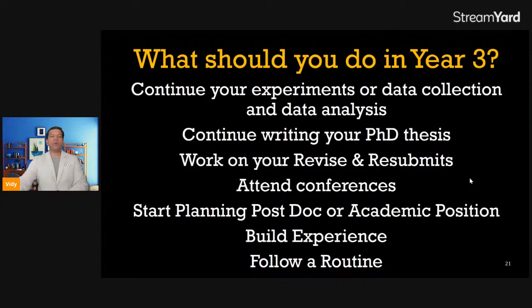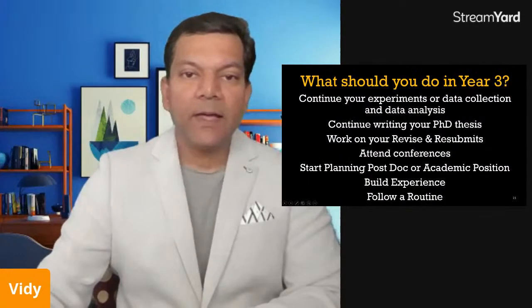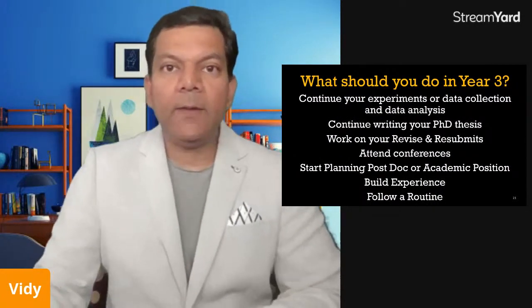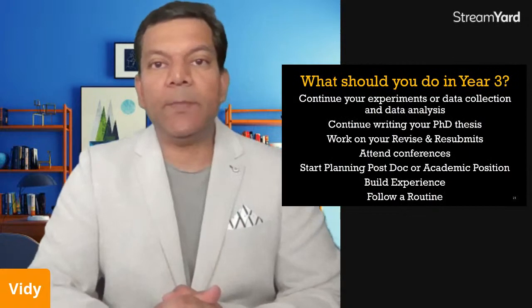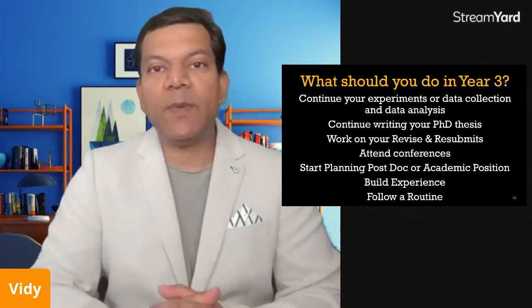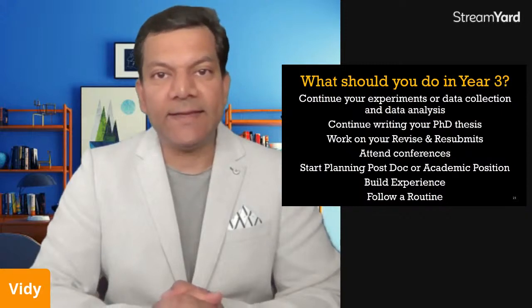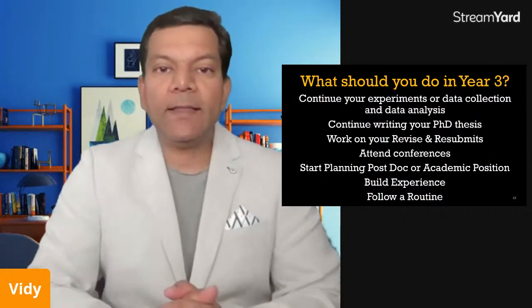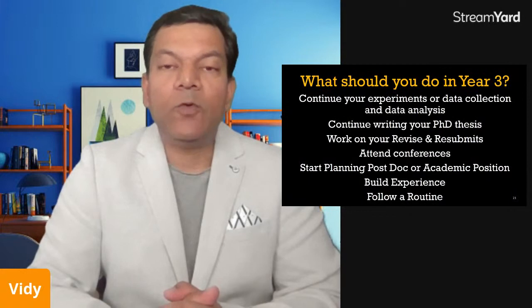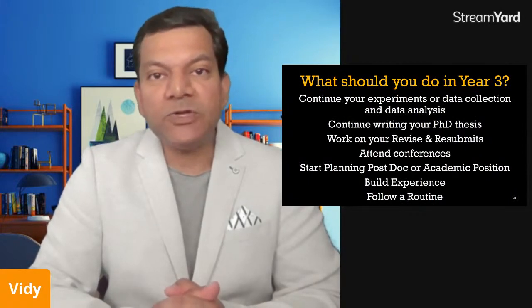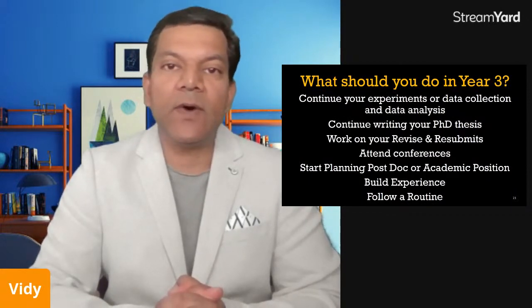Okay, so let's begin with what you should do in year 3. First of all, on most occasions, the PhD students will be spending a fair bit of time in year 3 writing their thesis. But if you follow the plan that I have suggested, it would be better that you gradually start writing your thesis from year 1, year 2 itself.